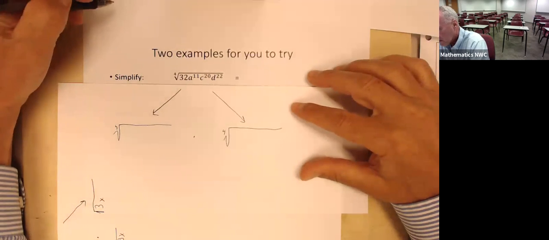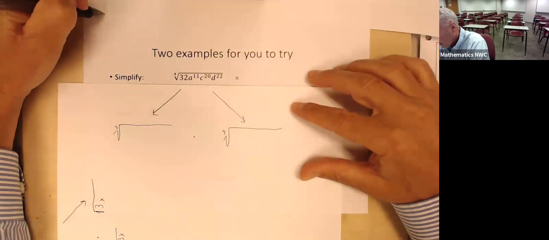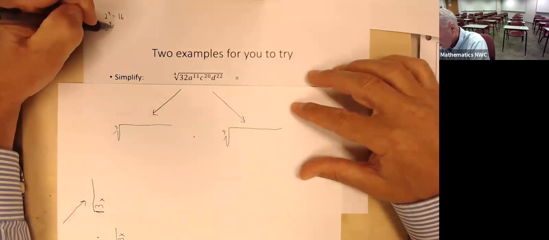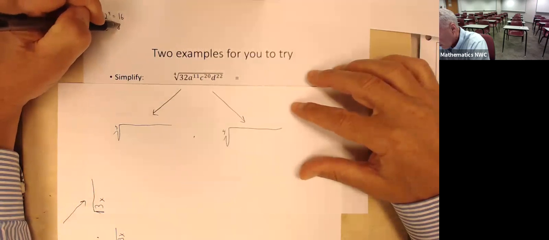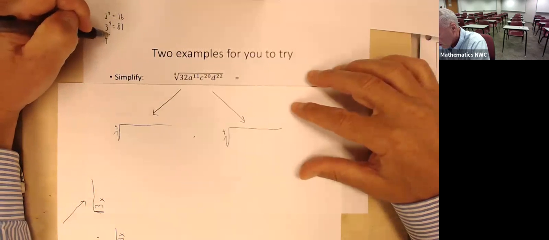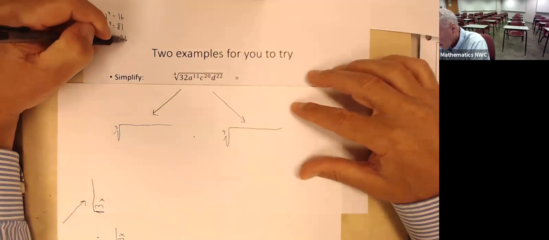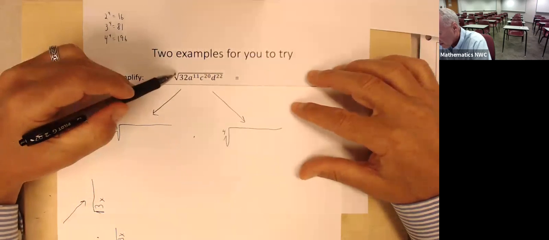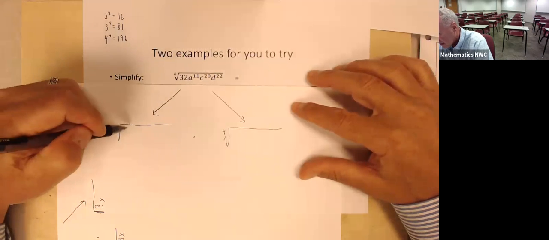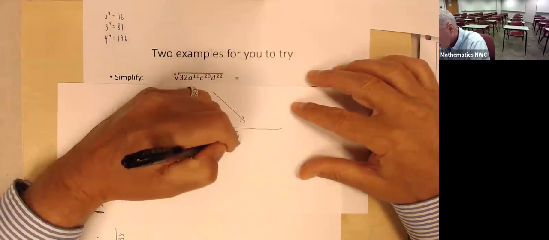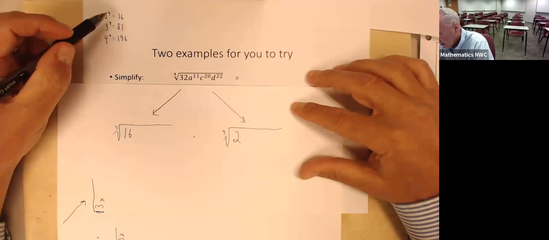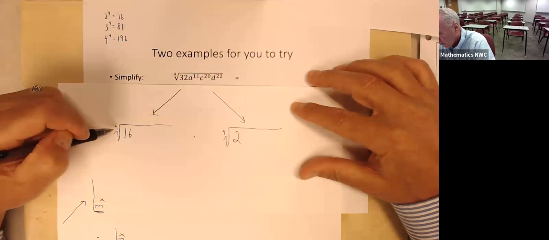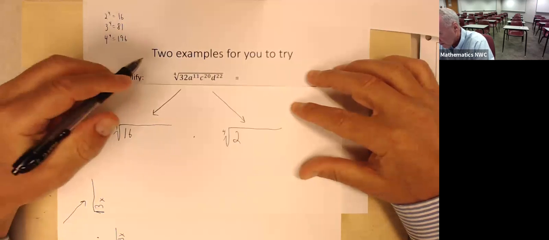Well, perfect fourths, one of them would be 2 to the fourth, which is 16. 3 to the fourth is 81. 4 to the fourth is 196. I'm looking for any of these numbers that would go into 32. Obviously, the 16 does. 16 times 2. 16 has a fourth root. It's 2. The fourth root of 16 is just the number 2.